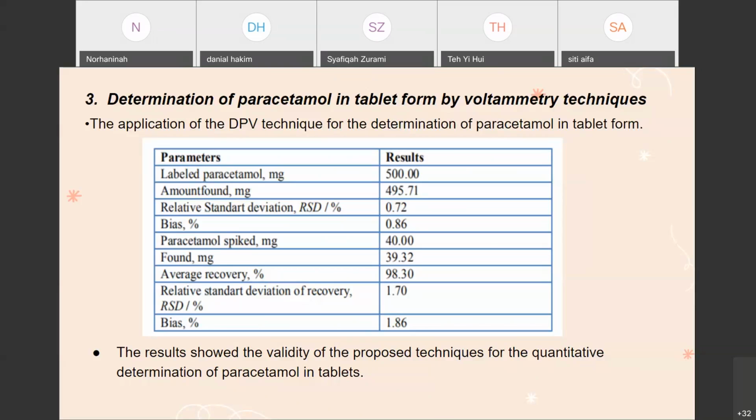The RSD is 0.72, bias percentage is 0.89, paracetamol spike is 40 milligram, the amount found is 39.32, the average recovery percentage is 98.3, the RSD is 1.7, and the bias percentage is 1.86. So the results show the validity of the proposed technique for the quantitative determination of paracetamol in tablets.